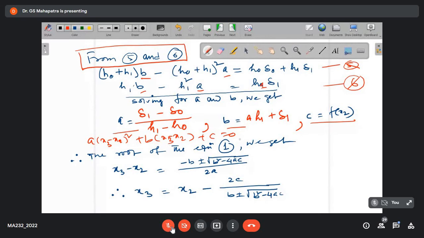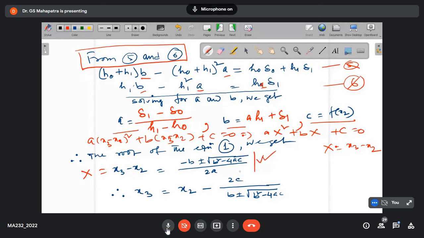That means the new equation is a X squared plus b X plus c equals 0, where X is x3 minus x2. So what is capital X? The formula is minus b plus or minus square root of b squared minus 4ac, divided by twice a. You have studied this one or not?